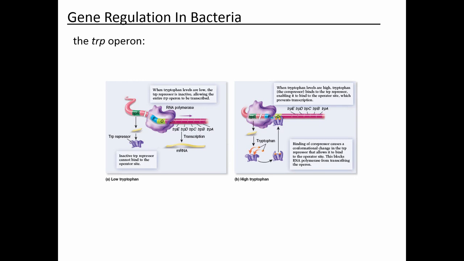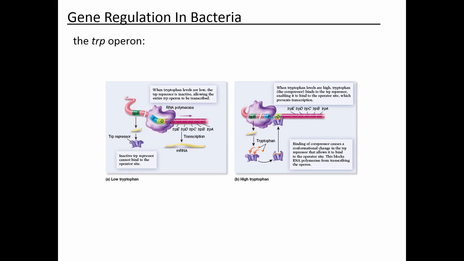So this is showing you what happens when you have low or no tryptophan. What's regulating the expression of this gene is a repressor, and that's called the tryptophan repressor. When there's no tryptophan present, the tryptophan repressor cannot bind to the operator, and if the tryptophan repressor is not bound to the operator, that means RNA polymerase can bind and transcribe those genes.